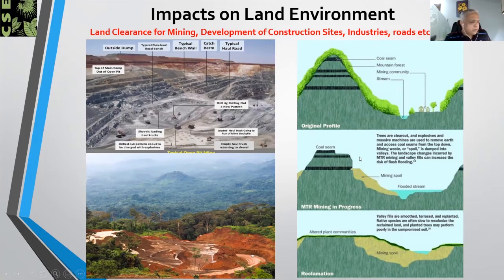As we go from the top to the bottom, we have the final level of the land, as we can see, and the mining spoil has completely altered the topography and the hydrology of this area.